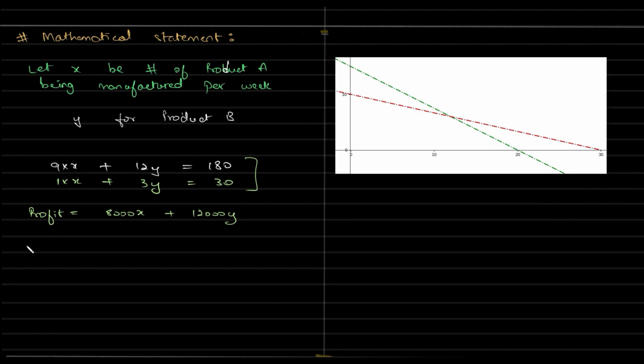So let me put a note: important points on the graph. So let's make a note of that. So we have 1, 2 and 3.